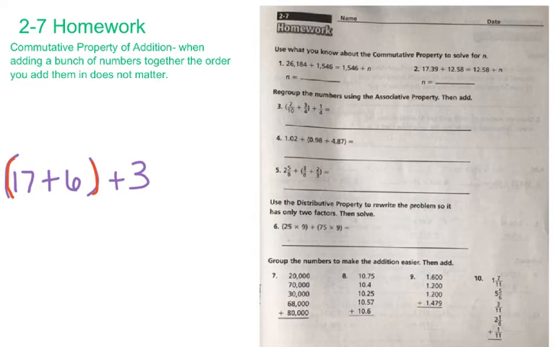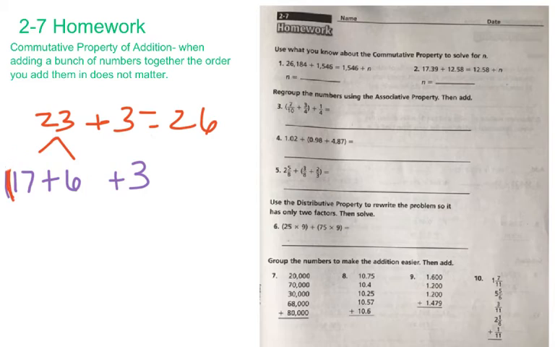We know that 17 plus 6 is equal to 23, plus 3 is equal to 26. Now, if we were to associate the numbers in a different way, we could write it as 17 plus the quantity 6 plus 3.